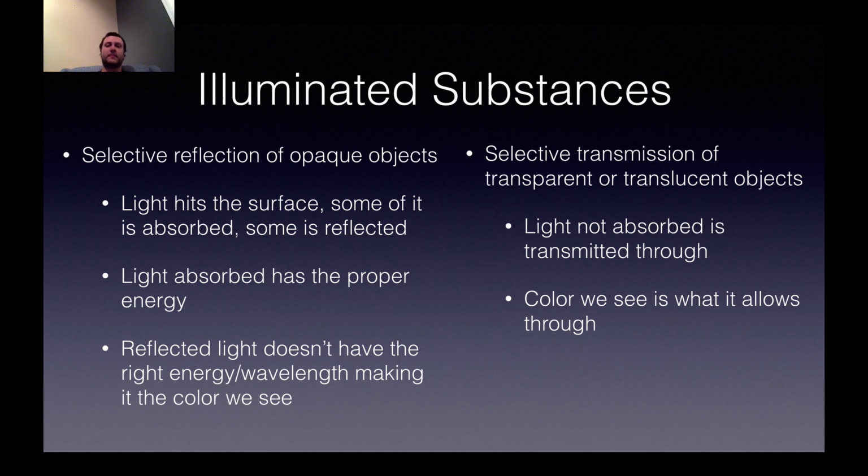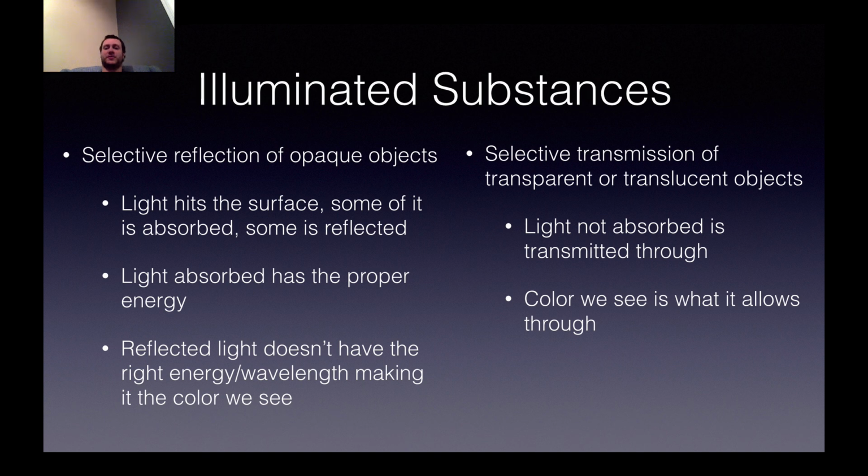Selective transmission is a little bit different. Think transmission, your ability to have that light pass through. So this is going to be transparent or translucent objects. This does not apply to an opaque object. So some light is going to be absorbed. Light that's not absorbed is going to pass through. And the color that we see is the color that it actually allows to pass.